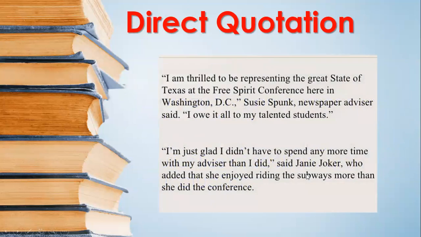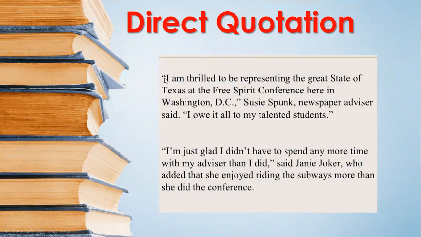Okay, so for example, most often, direct quotation can be identified by what? By the presence of quotation marks. So when you see quotation marks in an academic text, therefore, it is a product of direct quotation. Okay?